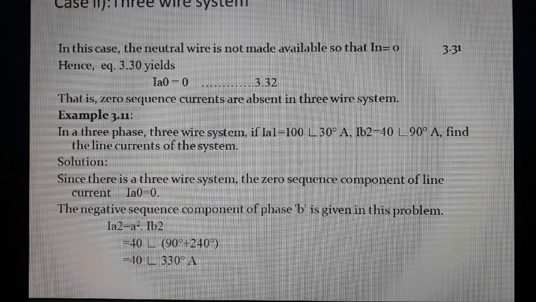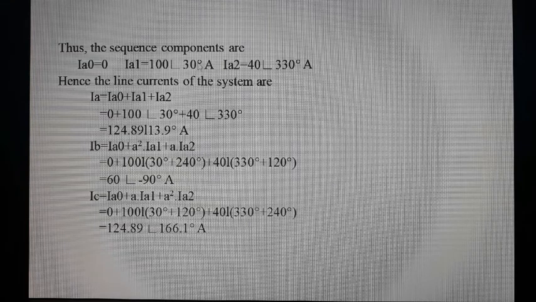IA0 is 0 and IA1 is given, and IA2 we have calculated. These are the sequence components. Now the line currents can be found. IA is equal to IA0 plus IA1 plus IA2. Substituting, we get this value. Then IB is equal to IA0 plus A square IA1 plus A IA2, where A square is 1 at an angle 240 and A is 1 at an angle 120, with the IA1, IA2 and IA0 values as we have found.